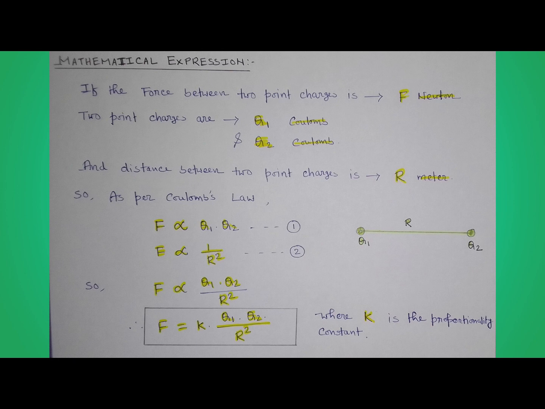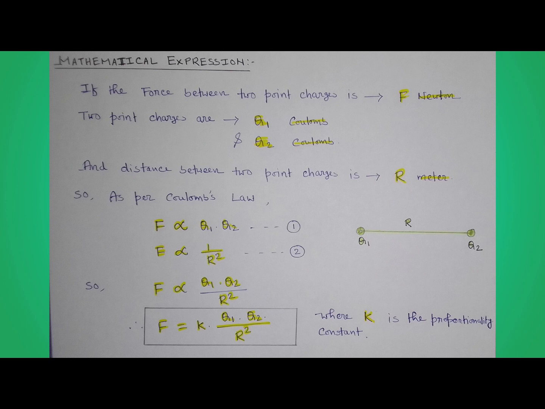Then as per Coulomb's law, the force acting between the charges F is directly proportional to Q1 into Q2, and as per Coulomb's law second principle, the force is inversely proportional to the square of the distance between the two charges, that is F varies as 1 by r square.